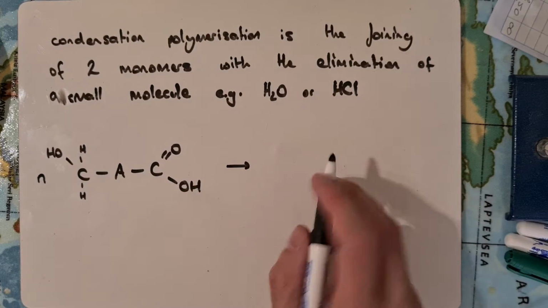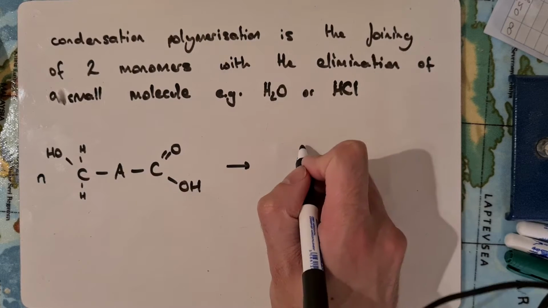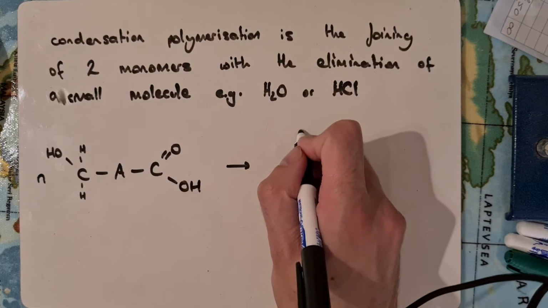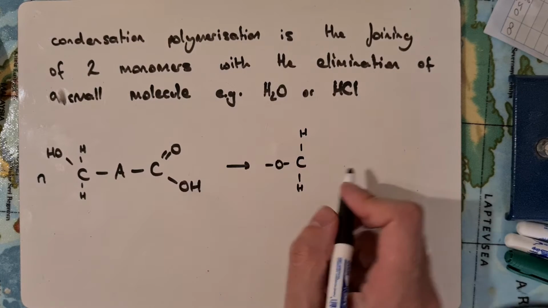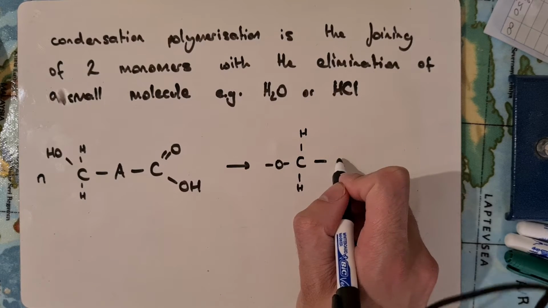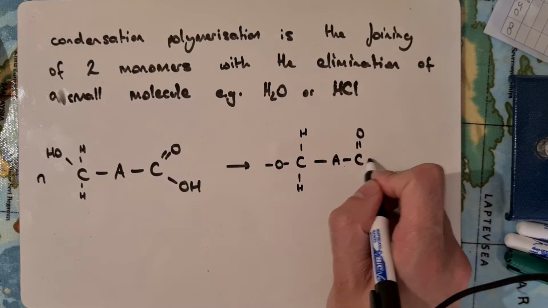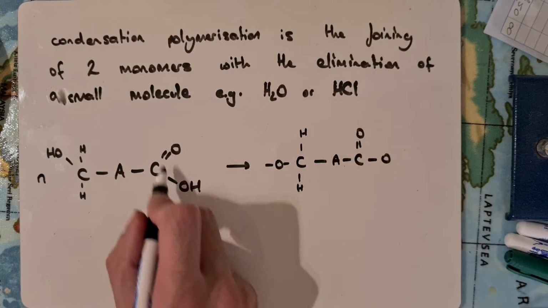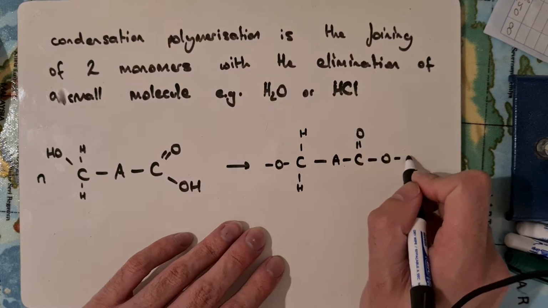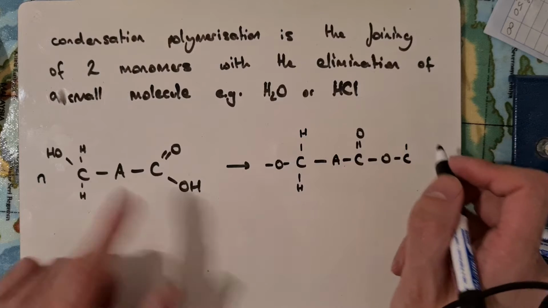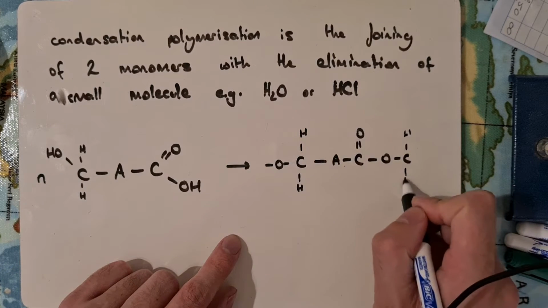Our repeat unit here, where we have a carboxylic acid, will form an ester bond with another one of these molecules.